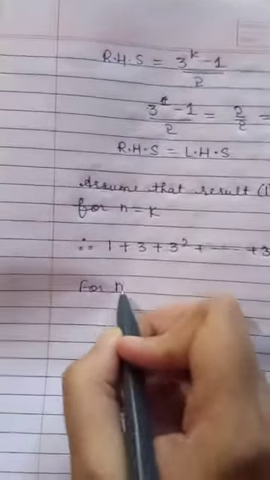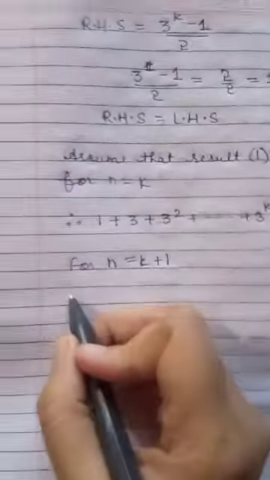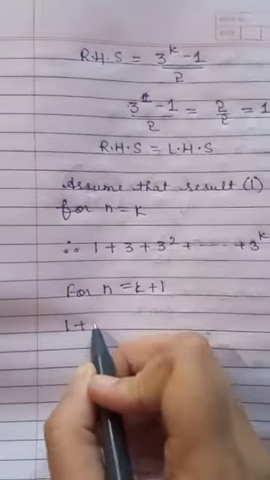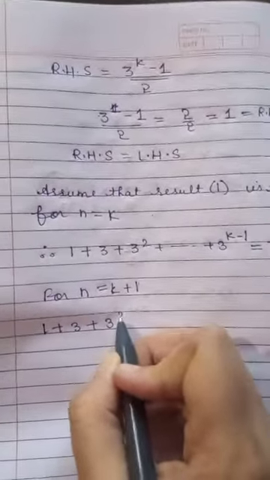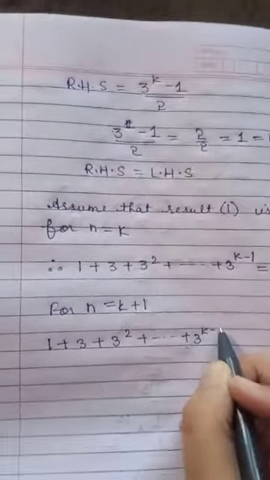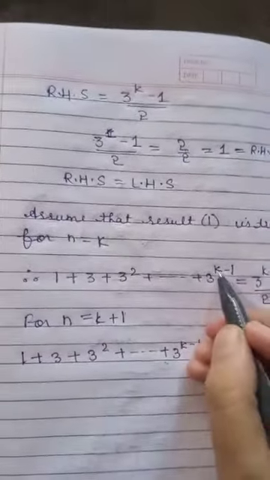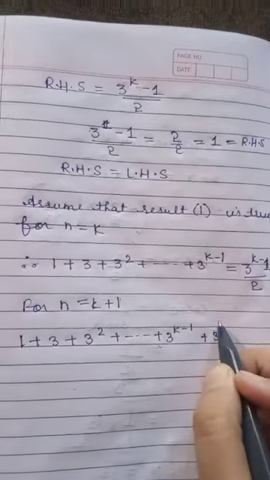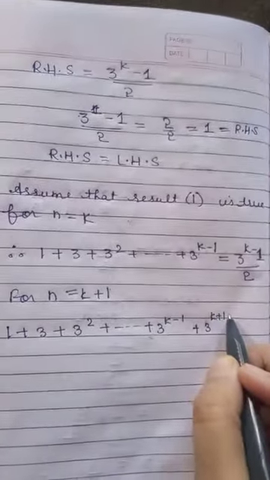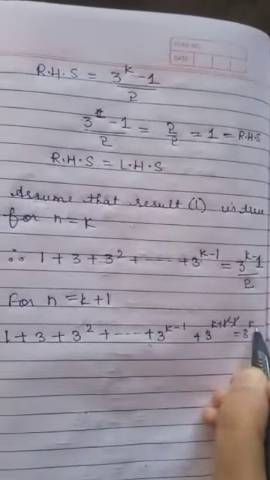Now we have to prove for n is equal to k plus 1. So let's start. For n is equal to k plus 1, 1 plus 3 plus 3 squared plus ... plus 3 raised to power k minus 1 plus 3 raised to power (k plus 1 minus 1), then cancelling, it becomes minus 1 upon 2.